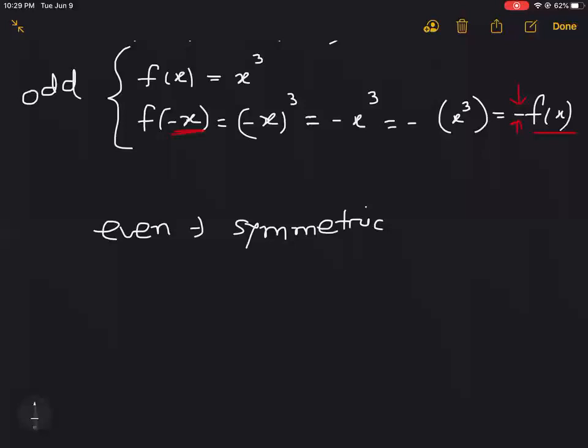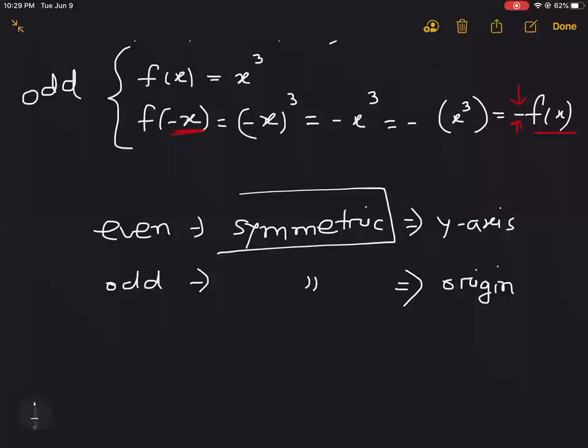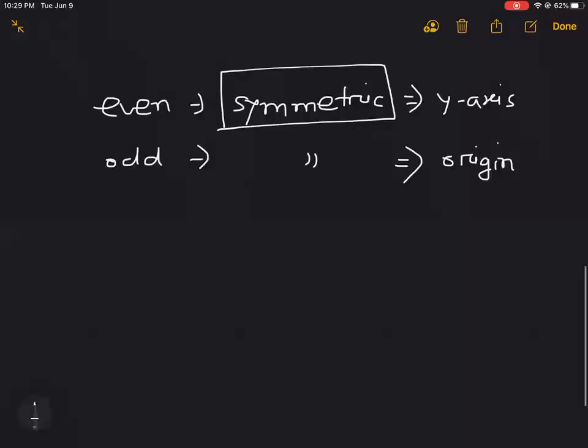Symmetric with the y-axis. And if it's odd, then it's symmetric with the origin, okay? Now, what does this mean? Symmetric means it looks similar. It looks exactly the same if you just separate that particular part. Now, let's see one graph like this, one graph of each rather.